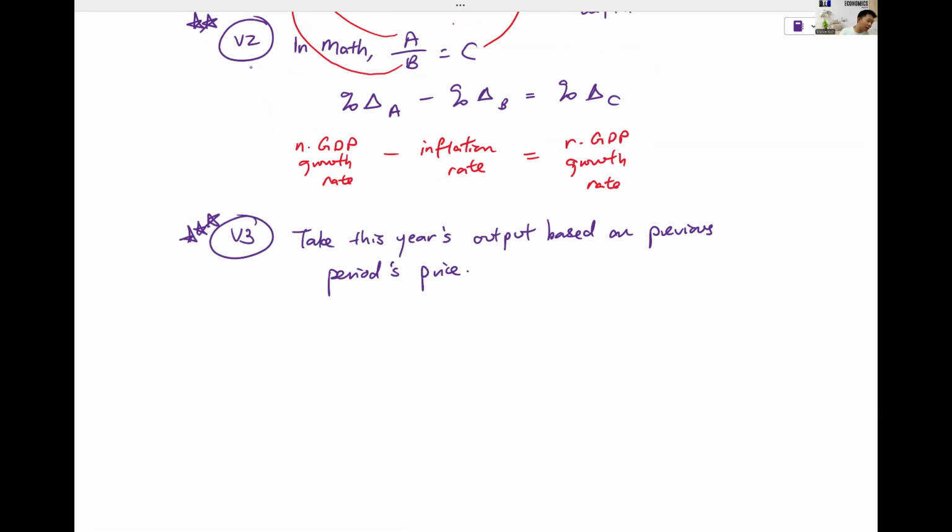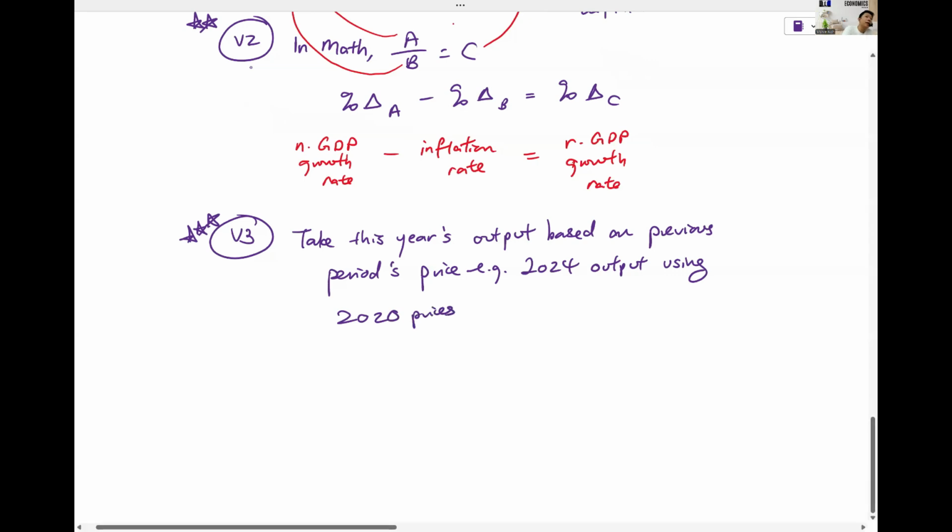So let's say I take 2024 output using 2020 prices. And you wonder, why choose 2020? Why not 2019? Why not 2021? It probably means that in 2020, prices were quite stable. Not too high, not too low.